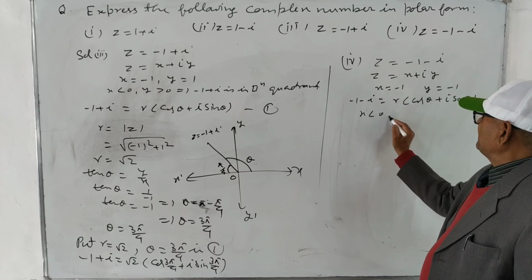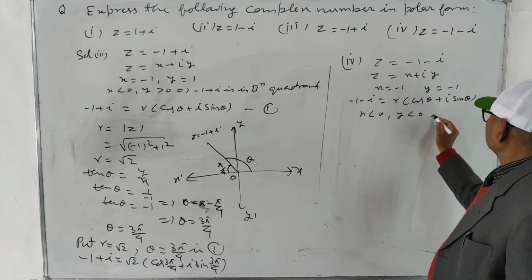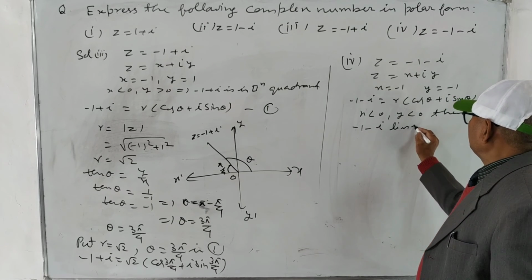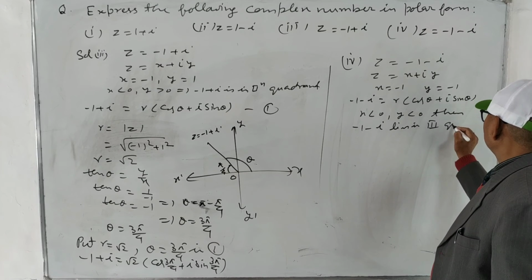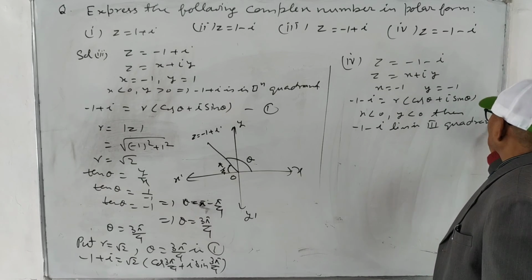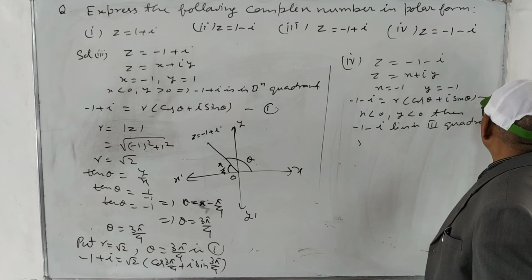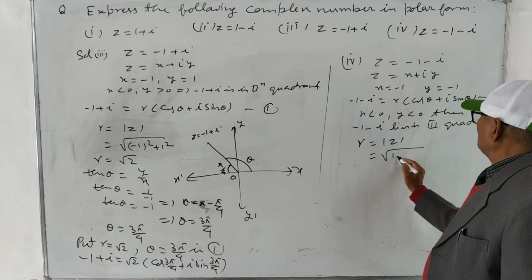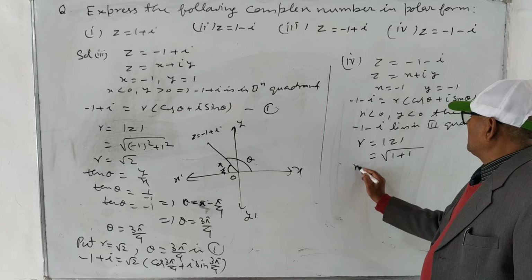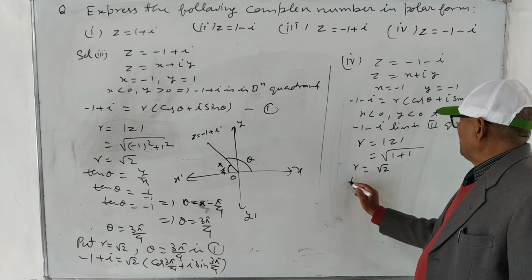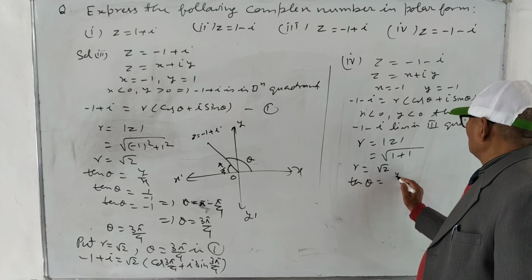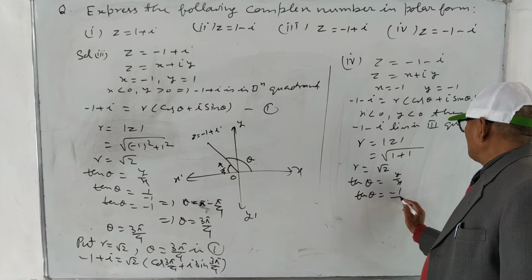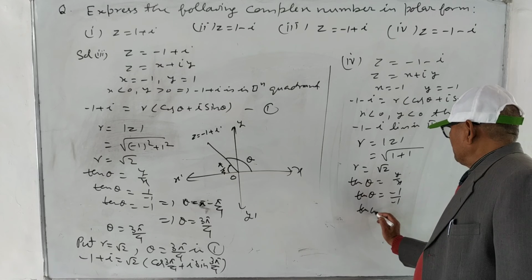Here x is less than 0, y is less than 0, so minus 1 minus i lies in the third quadrant. Now r, this is 1, r is mod z, that is under root 1 plus 1, r is under root 2, and tan theta is equal to y upon x, tan theta is equal to minus 1 upon minus 1, tan theta is 1.